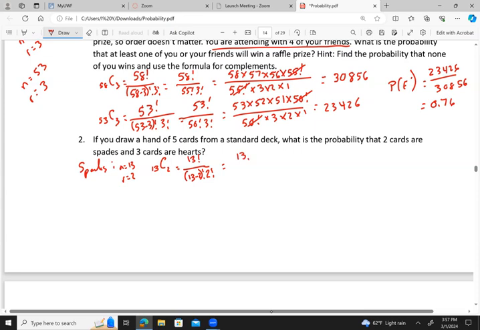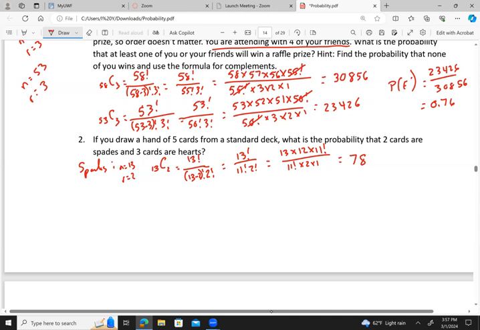So I have 13 factorial over 11 factorial 2 factorial, which is 13 times 12 times 11 factorial over 11 factorial times 2 times 1, which comes to 78.